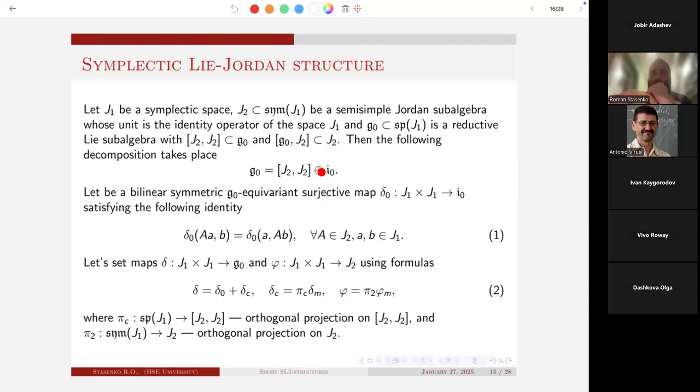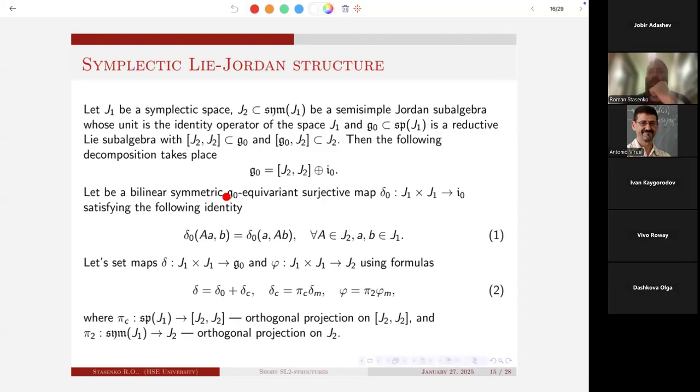So in the case of a very short SL2 structure, J0 is not the same; it cannot be fully obtained from the Jordan algebra J2.